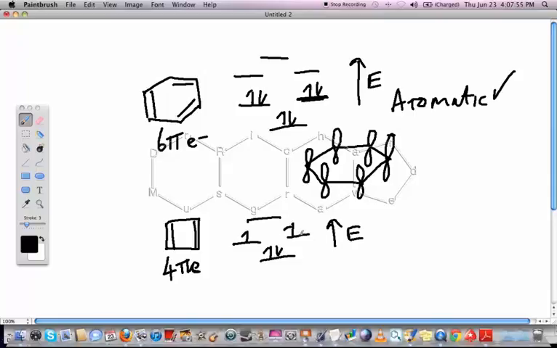So we end up with a situation where the 2 electrons are unpaired, and that is anti-aromatic. And of course, we're assuming that this system remains flat and that we keep complete overlap between those p orbitals. So it's going to be anti-aromatic right there, and that's a very bad situation.